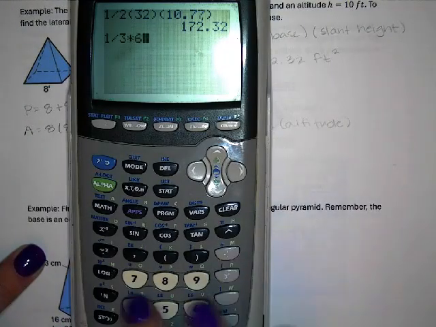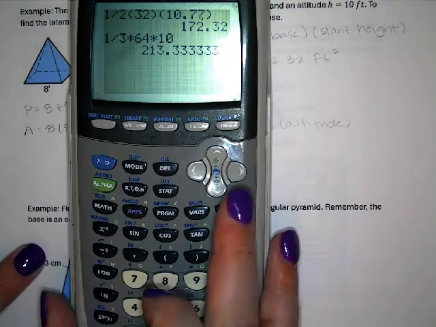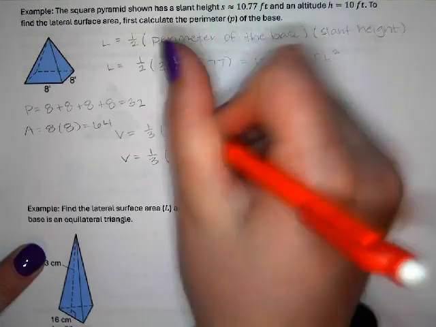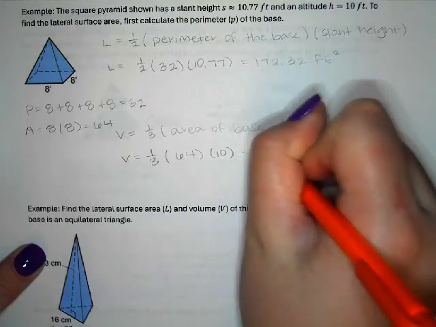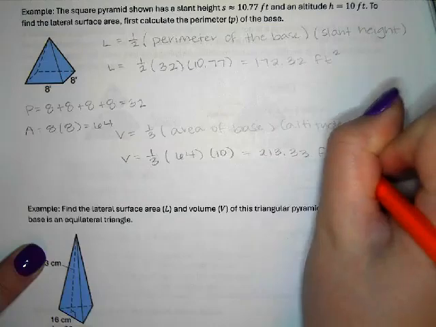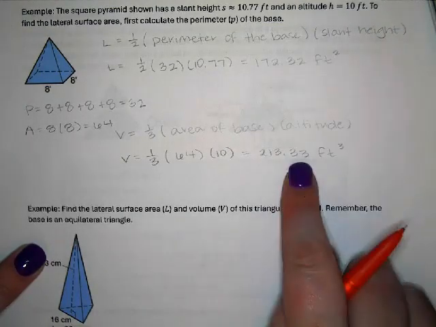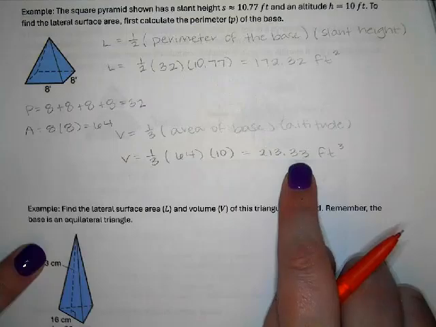So 1/3 times 64 times 10, 213.3 repeating, feet cubed. So here, for each of these, I rounded to 2 decimal places or the nearest hundredth.